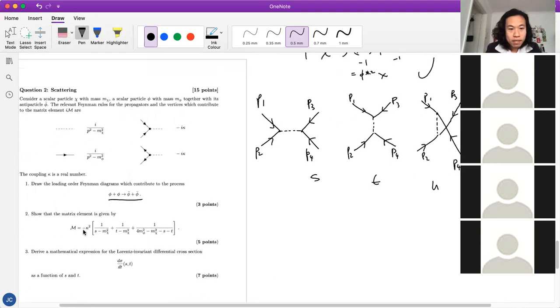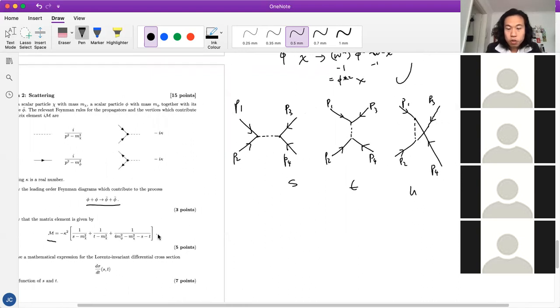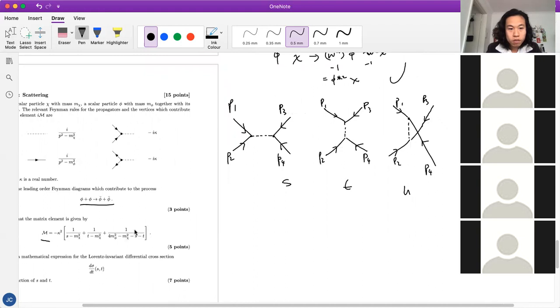Show that the matrix element is given by this expression. The first two terms should be fairly obvious. The only thing is the last term. For all of these, the propagator would just be i over (P1 plus P2) squared minus m chi squared. So that's just s, so it's i over s minus m chi squared.